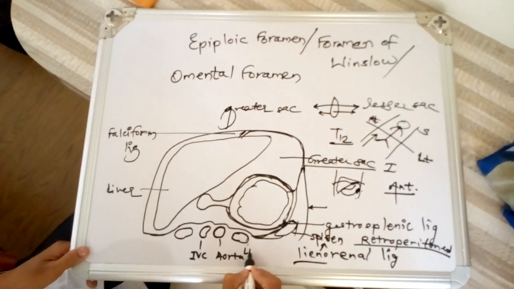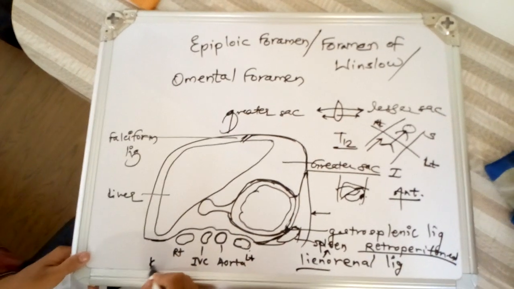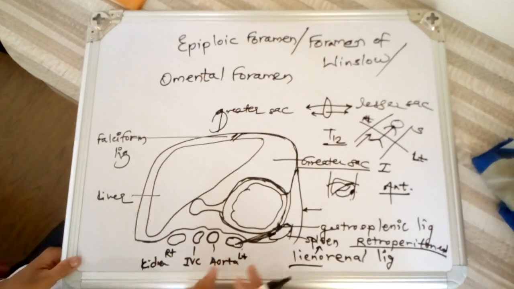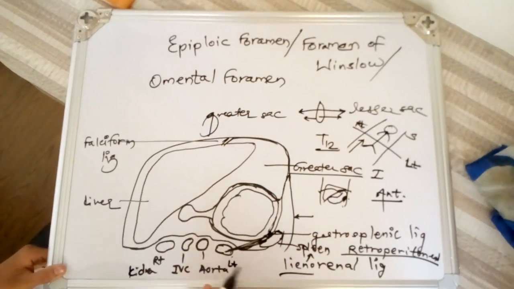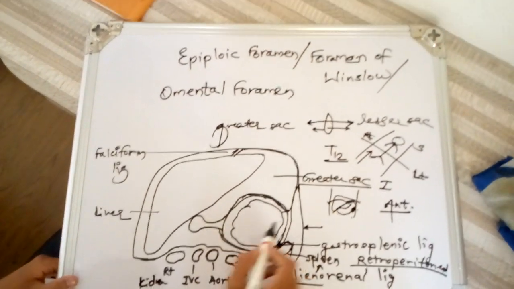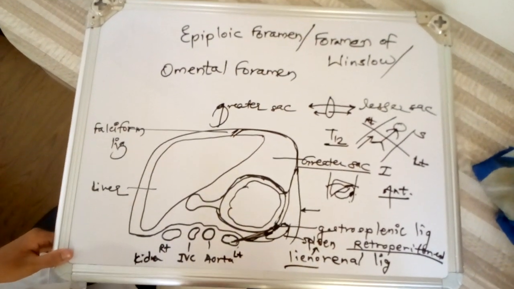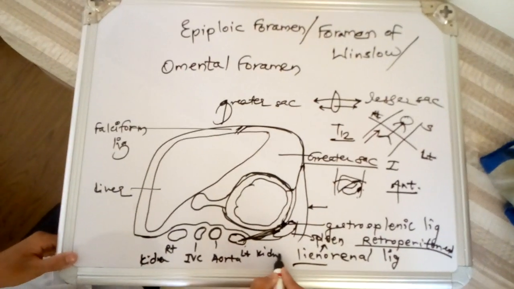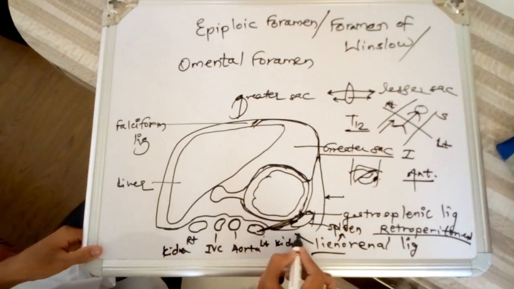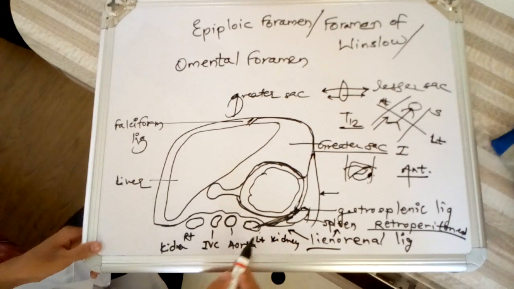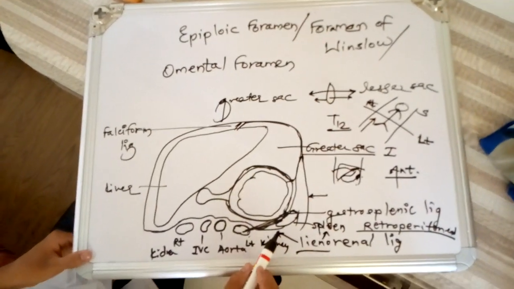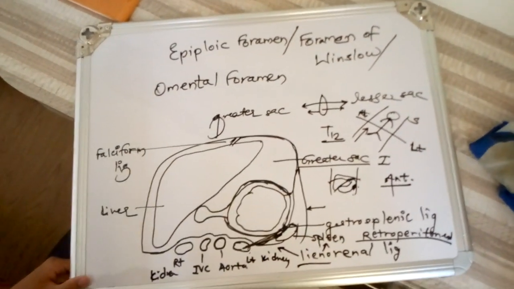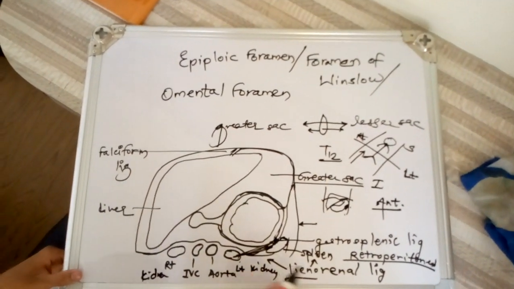So this is the left kidney and this is the right kidney. This is just a diagrammatic representation. I would like to explain there does not exist such a big gap between the two organs, so it is just for explanation. Between the left kidney and the spleen, there is the lienorenal ligament which supports, and one ligament which is connected with the diaphragm and spleen, that is the diaphragmaticosplenic ligament. That also supports the spleen.